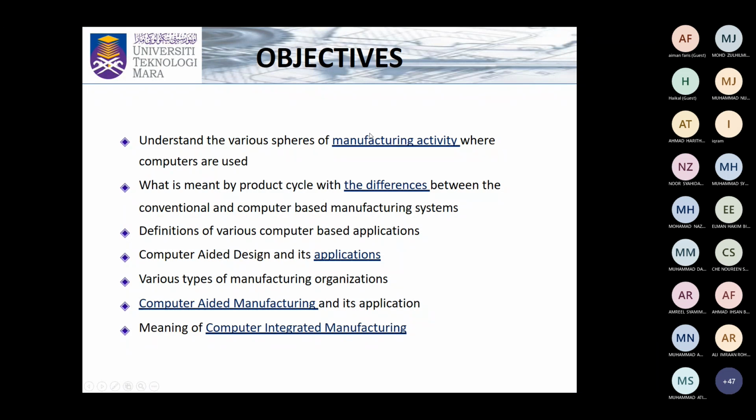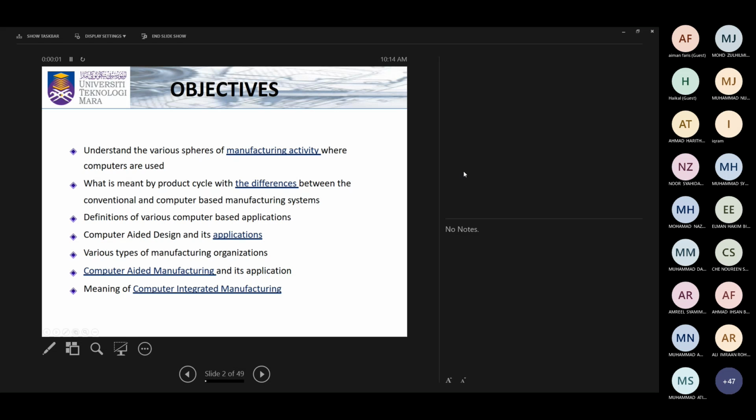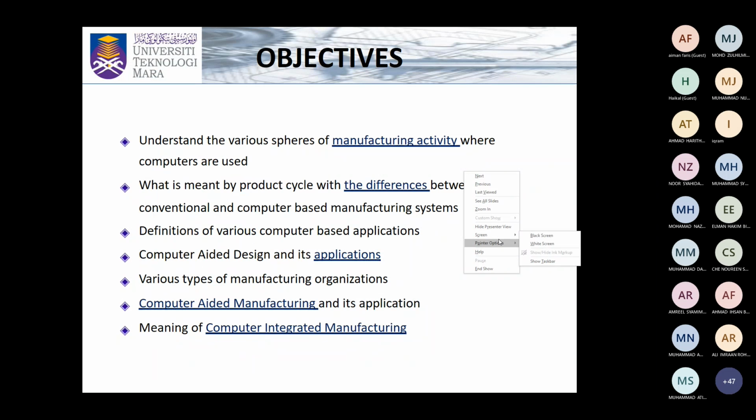So now moving on to the objectives that are expected out of this chapter. We want to understand the various spheres of manufacturing activity where computers are used.